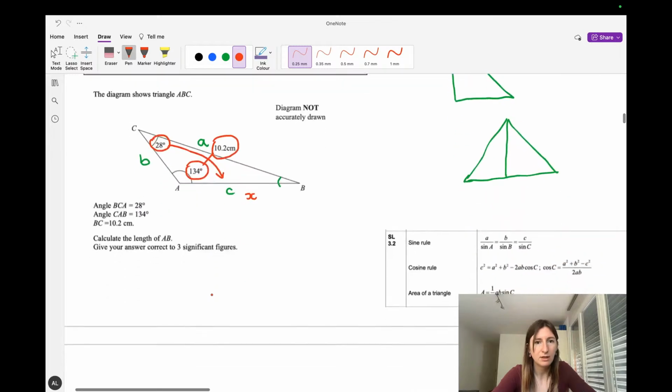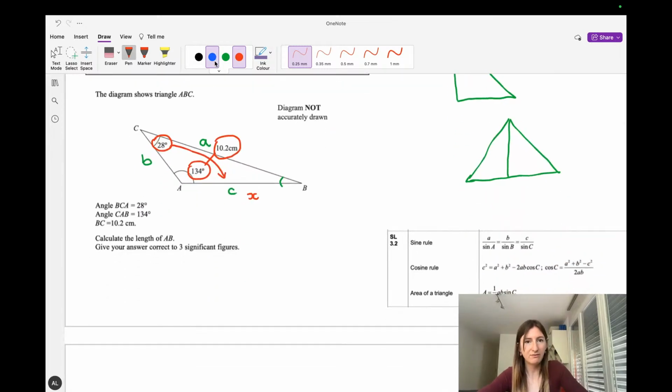So let me write out my formula. We're working with sine. We need to find a side, so I'm going to write A over sine A. No substituting yet, just formulas. And we're not actually with B because I've called this C. So C over sine C. There we go. So now I can fill in my information after I've double checked that I've written my angles and my formulas correctly.